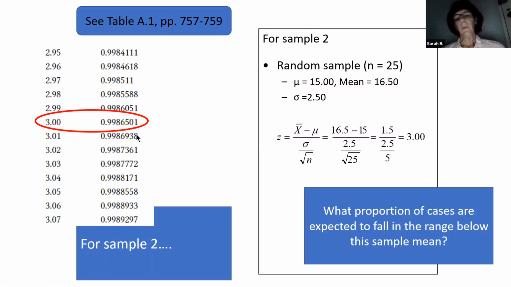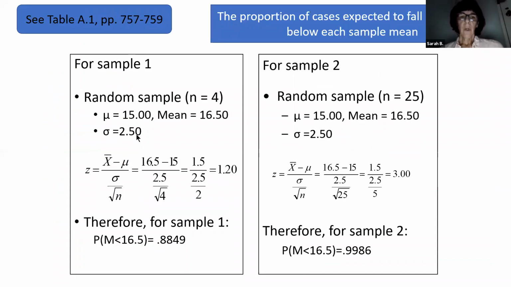It would depend on what program or table you're using to find out how many digits the table goes out to, and whether or not you're going to round. At that level, it's really not important for our purpose. So we're going to see that that's 0.9986. And there we have our percent of cases below each of our two sample values.